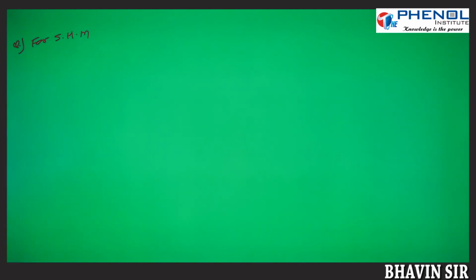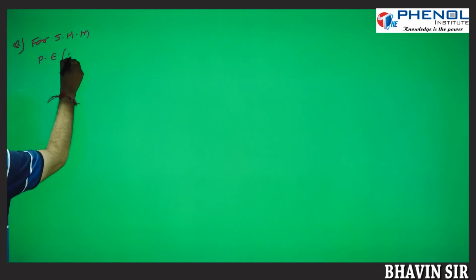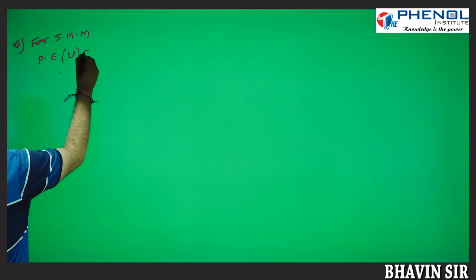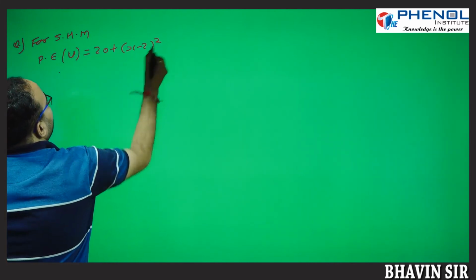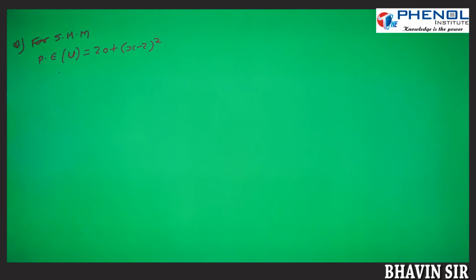For SHM, potential energy U is given by 20 plus (x minus 2) whole square.